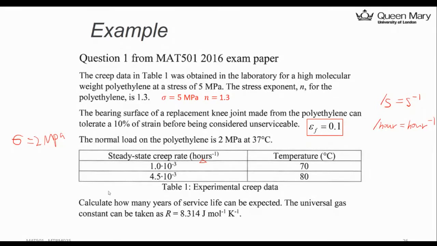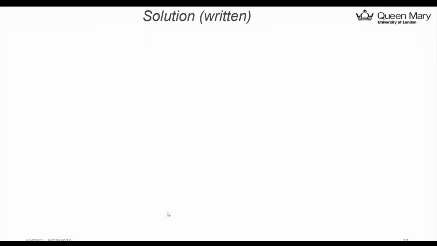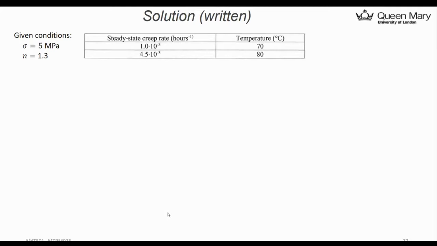The question is asking: calculate how many years of service life can be expected, with the universal gas constant here. Let's move to the second page. I put these conditions here as we found from the question. For this table, all the data is measured when the stress is 5 megapascal.